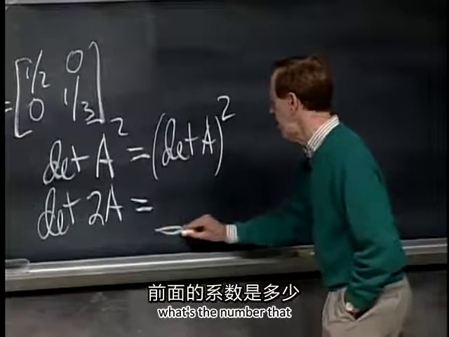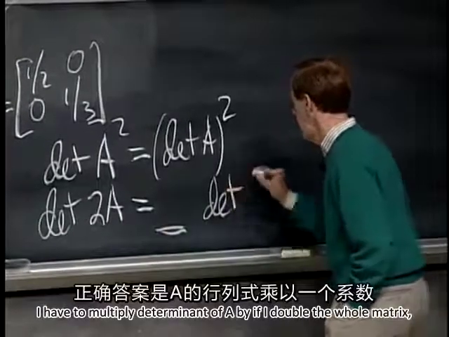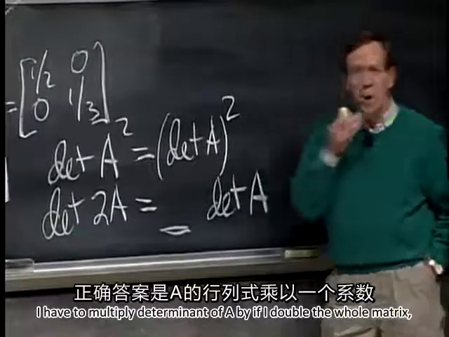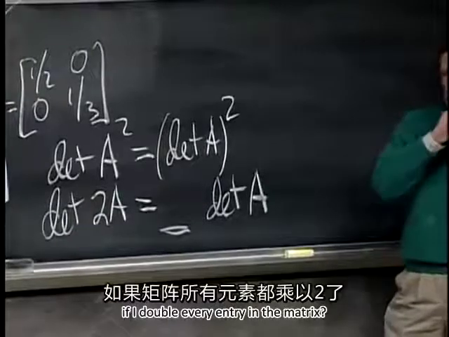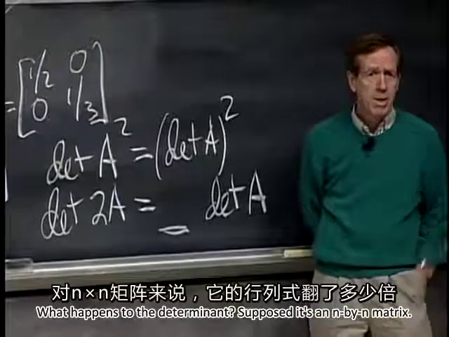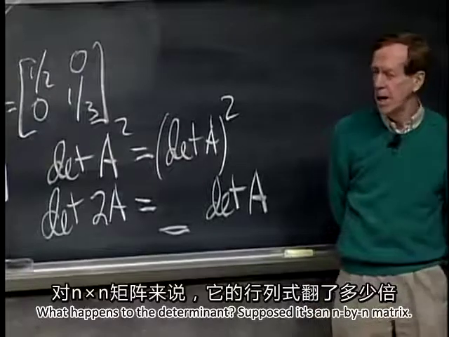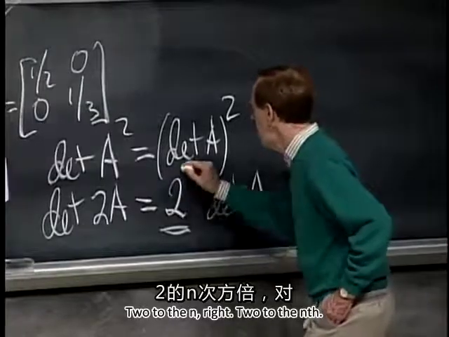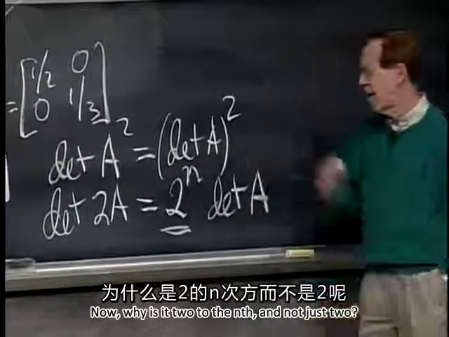What's the number that I have to multiply the determinant of A by if I double the whole matrix? If I double every entry in the matrix, what happens to the determinant? Suppose it's an n by n matrix. 2 to the n. Right. 2 to the nth. Now, why is it 2 to the nth and not just 2?